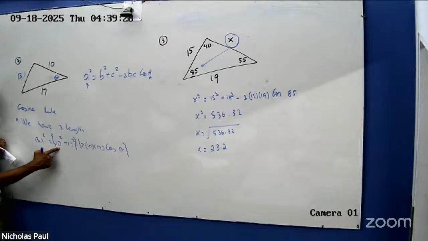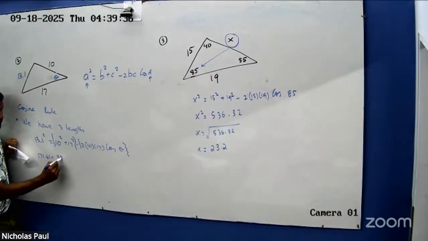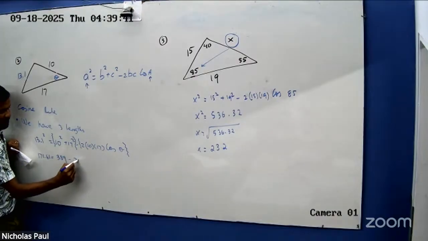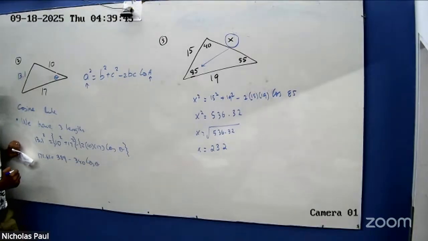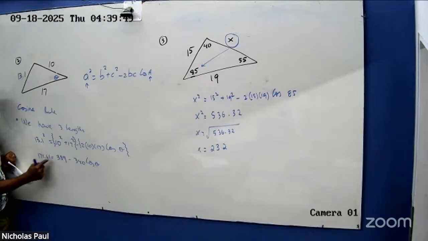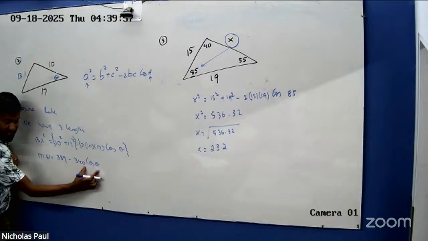What is 10 squared plus 17 squared? 389. What is 2 by 10 by 17? Common mistake is this minus this, because it looks nicer, but you can't, because this here is one term.